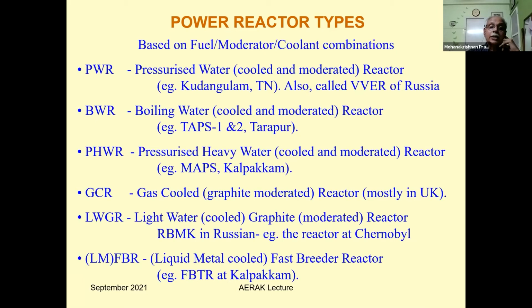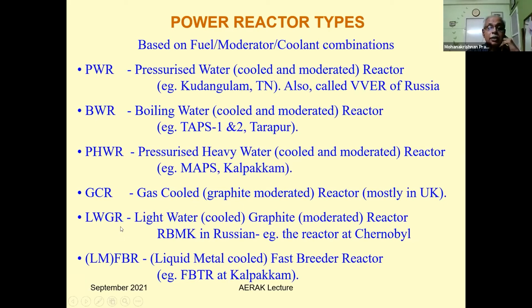Pressurized heavy water reactor is the most common reactor system in India, which has heavy water coolant and heavy water moderator. An example is the MAPS reactor. And I will just show you the list of reactors. Gas-cooled reactors, operating mostly in the UK, have carbon dioxide cooling, graphite moderation, and enriched fuel.